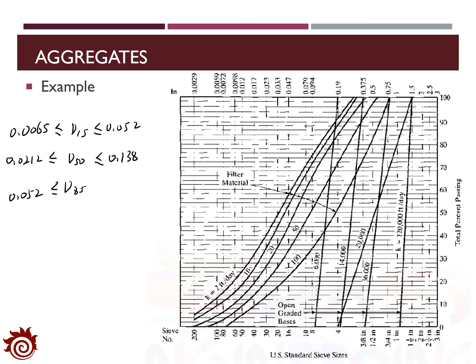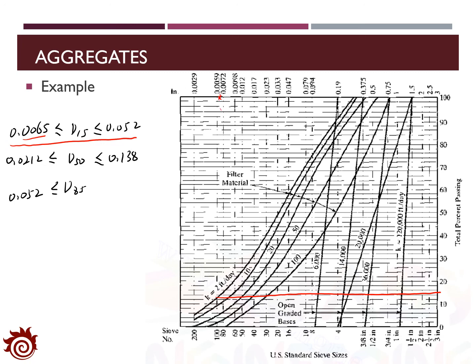Now let's see how we can find out the appropriate materials for the subbase. We're going to check the first condition for D15, which will be the line at the 15%. And we need to check the upper and lower bounds. The lower bounds is 0.0065, which will be someplace in between here.